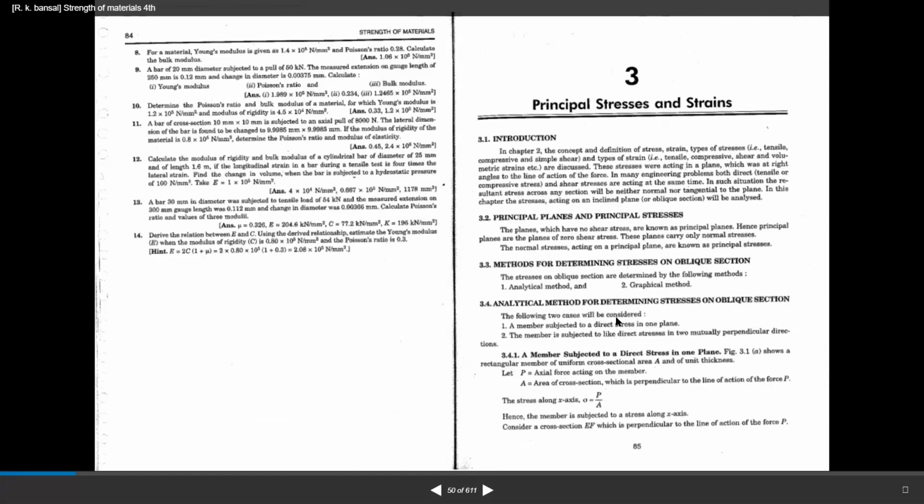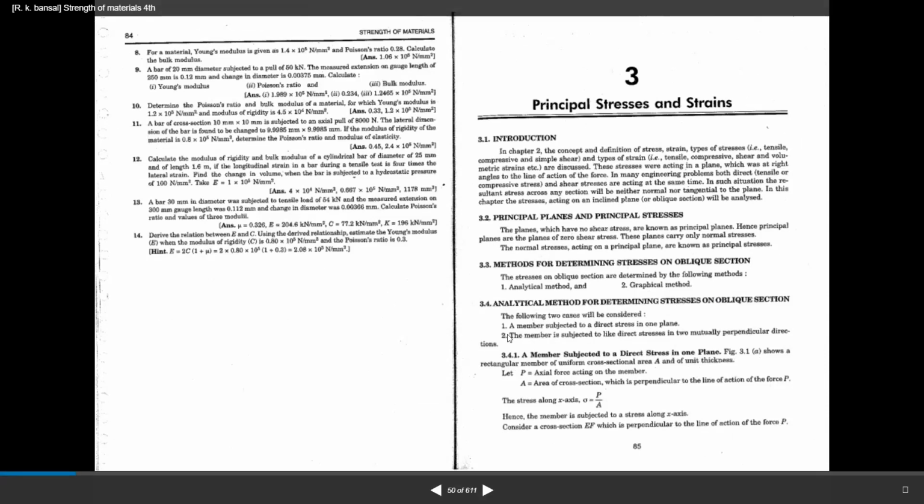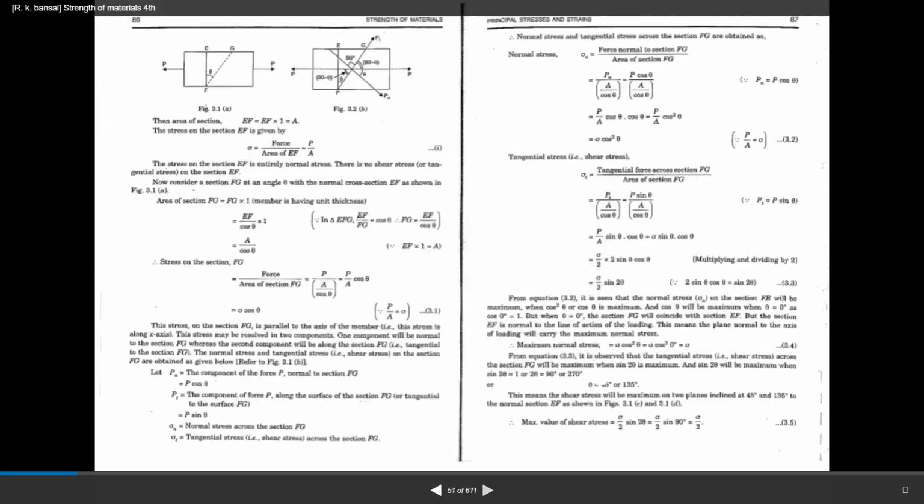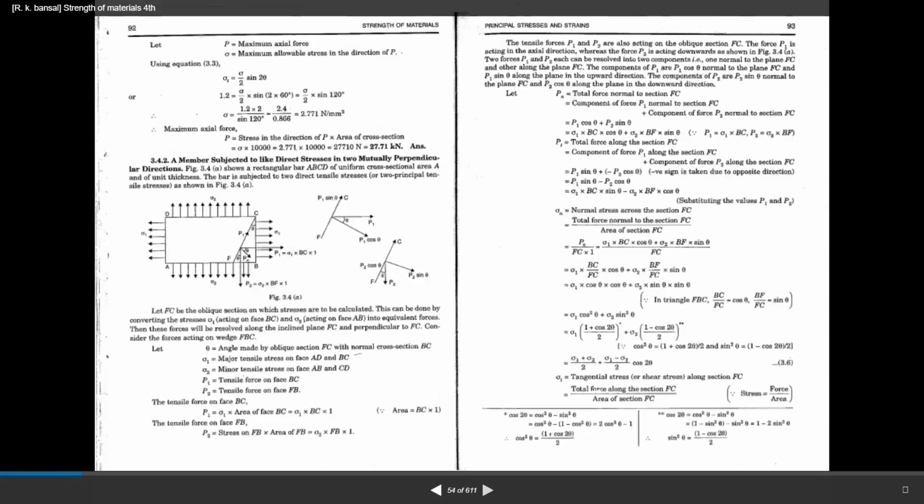The following two cases will be considered. We already discussed the first case, a member subjected to a direct stress in one plane, completely. The second case is a member subjected to like direct stresses in two mutually perpendicular directions. We will now start the derivation for this second case of the analytical method.